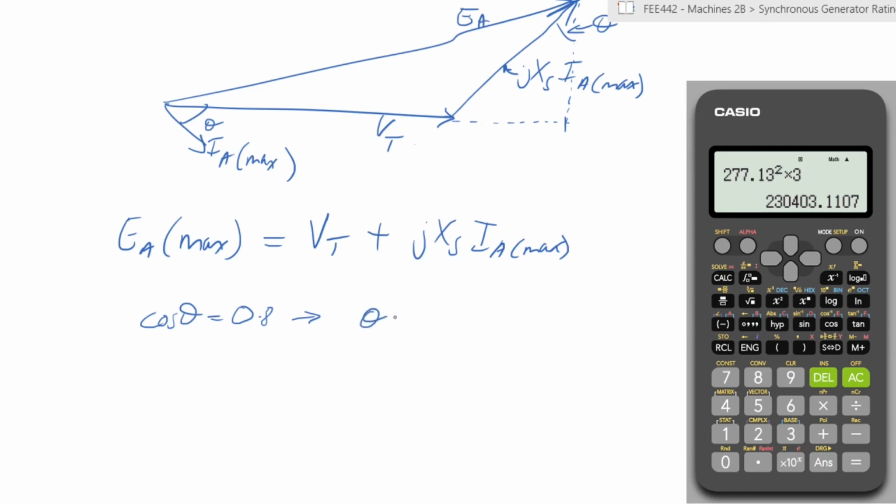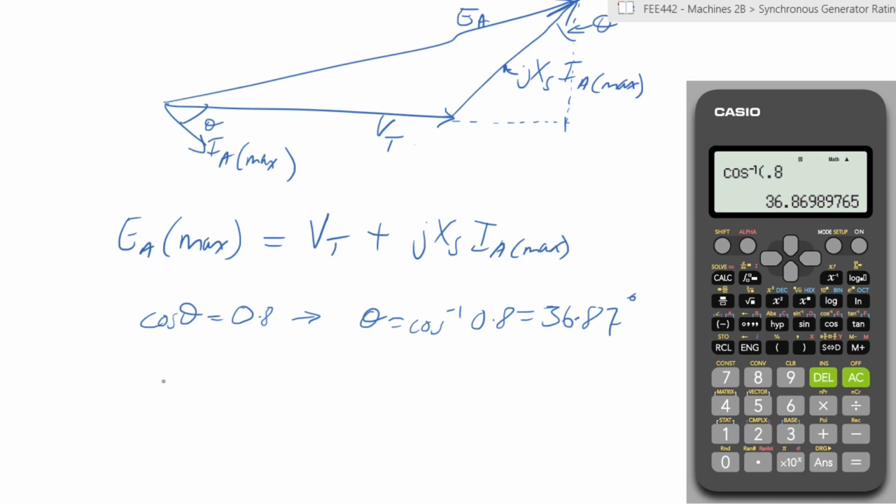That then gives us theta equal to cos inverse of 0.8, which helps to give us the angle theta. So that is equal to 36.87 degrees. So that's the angle.